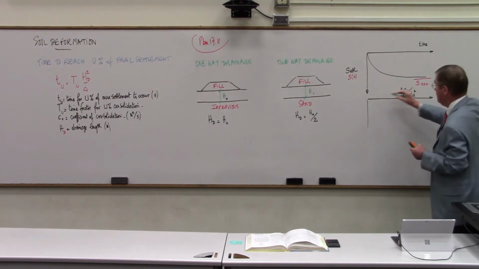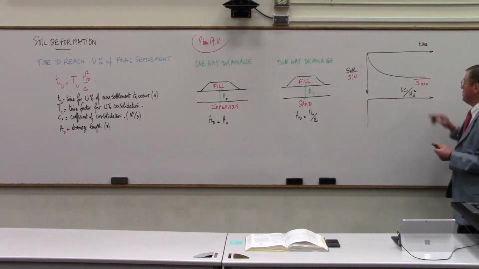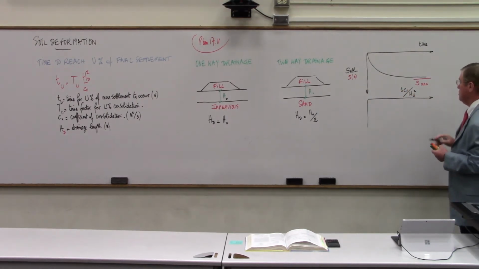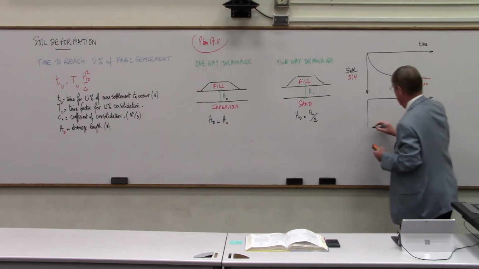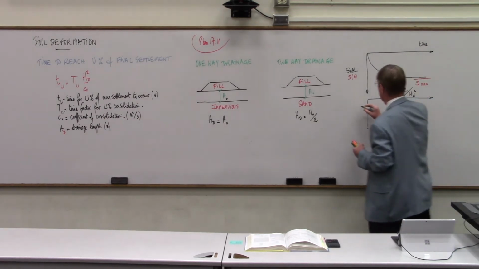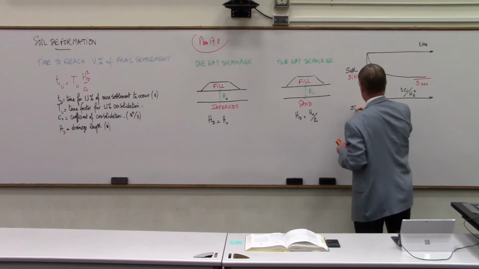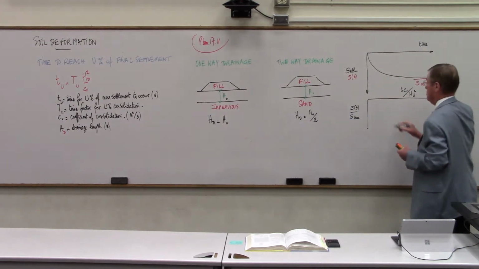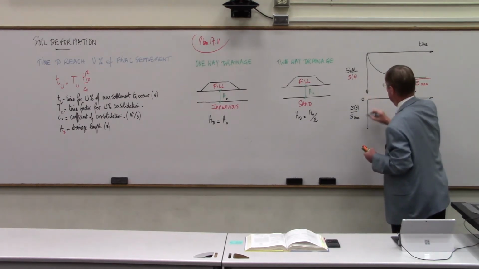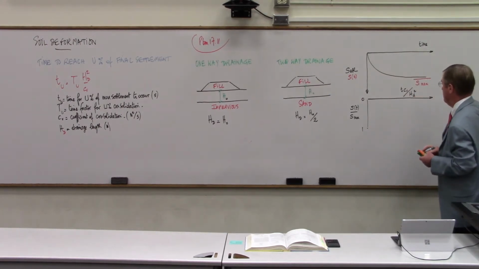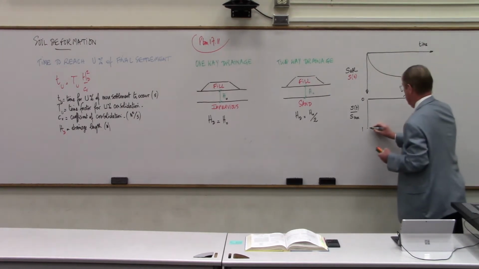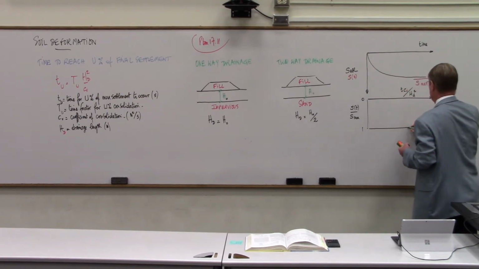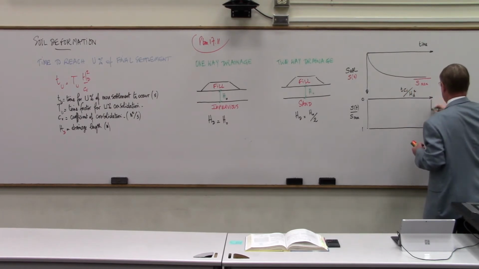So this is the time scale, normalized with respect to the coefficient of consolidation and the drainage length. And on this axis, I'm going to put S_t divided by S max. In other words, this starts at 0 and ends up at 1 or 100%. So in this case, I have normalized this curve.